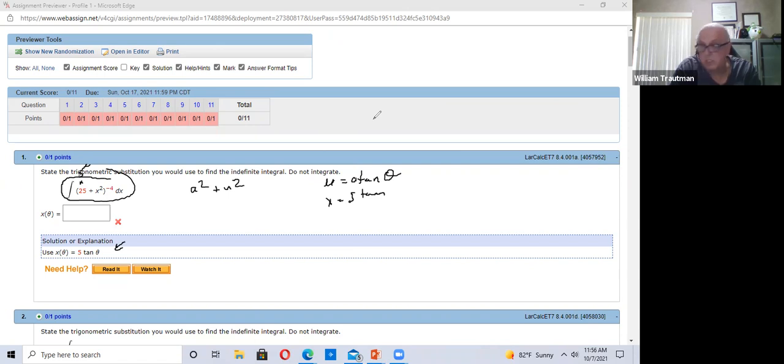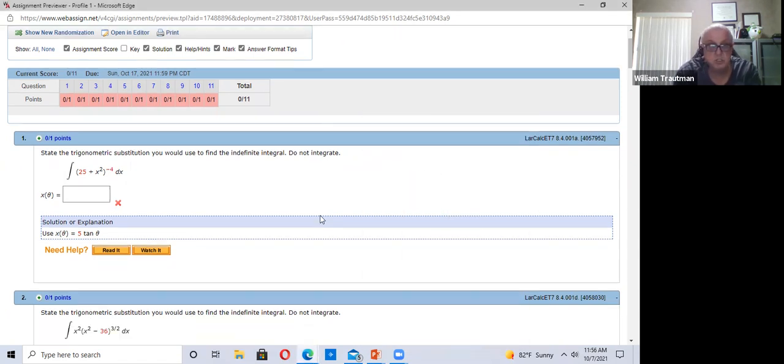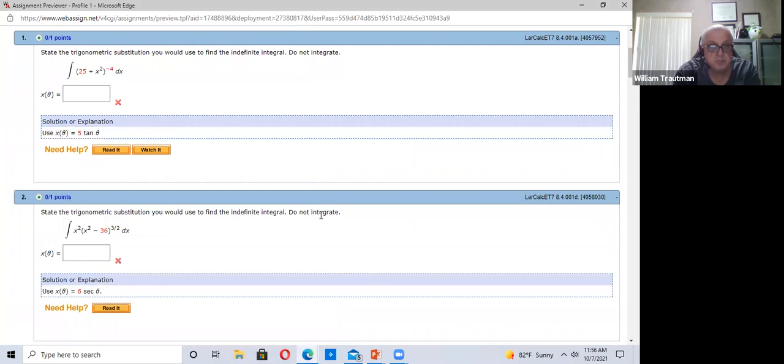So you have to look at those 3 triangles, those conversions they tell you to use, and they do the same thing here. In this case, it's right here: u squared minus 6 squared.